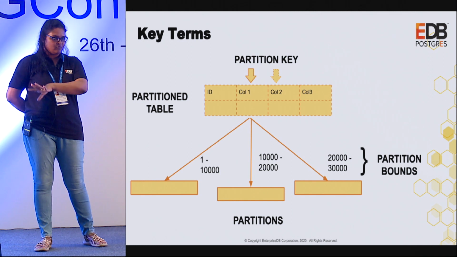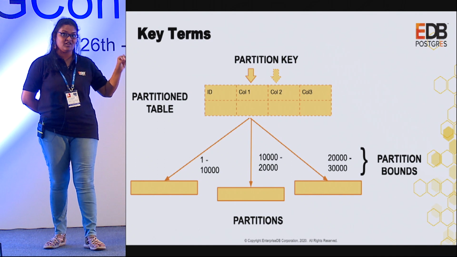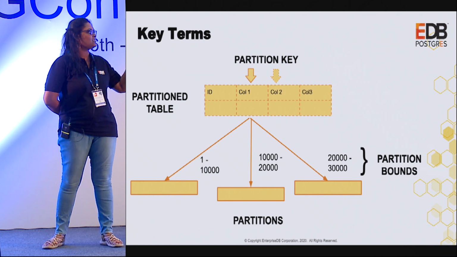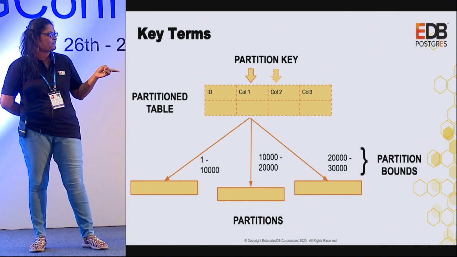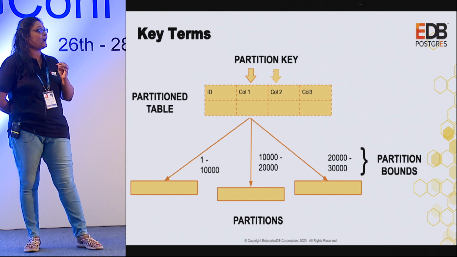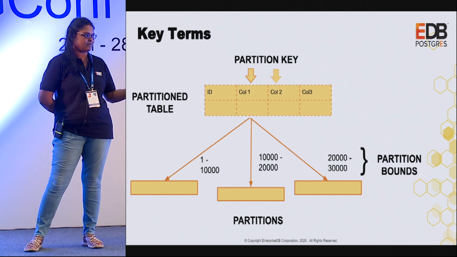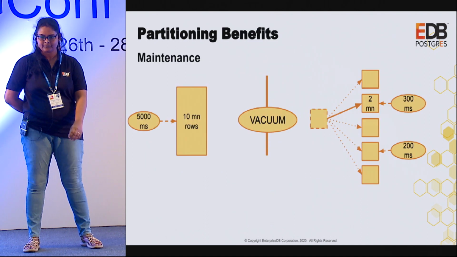The partition bounds is basically the restriction of each partition, which determines the rows that are contained in the partition. Like in this particular example, the first partition can contain rows that have values from 1 to 10,000. So that's the partition bound of that particular partition. It is different for each partition.